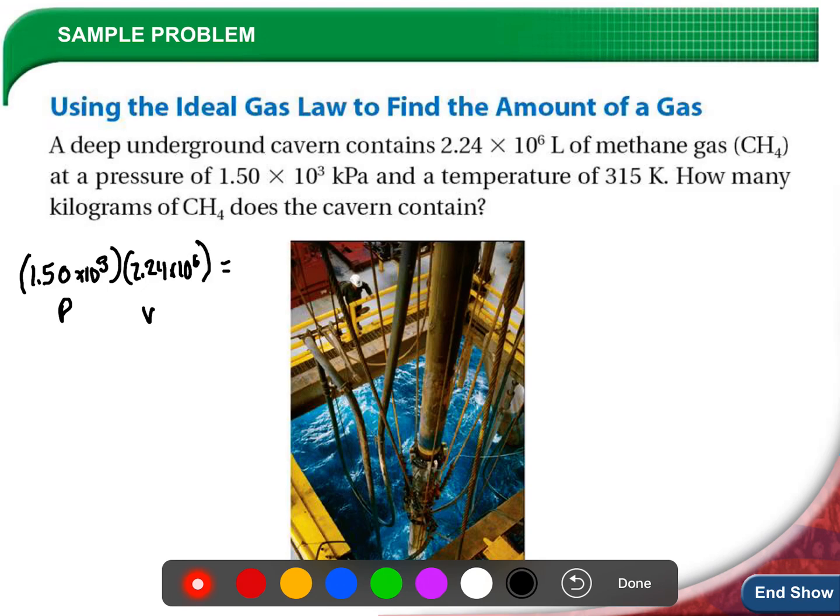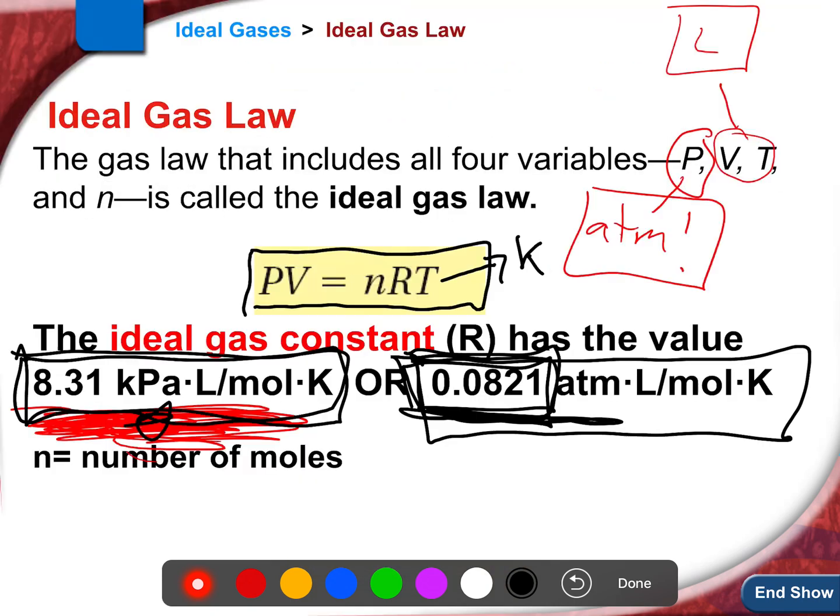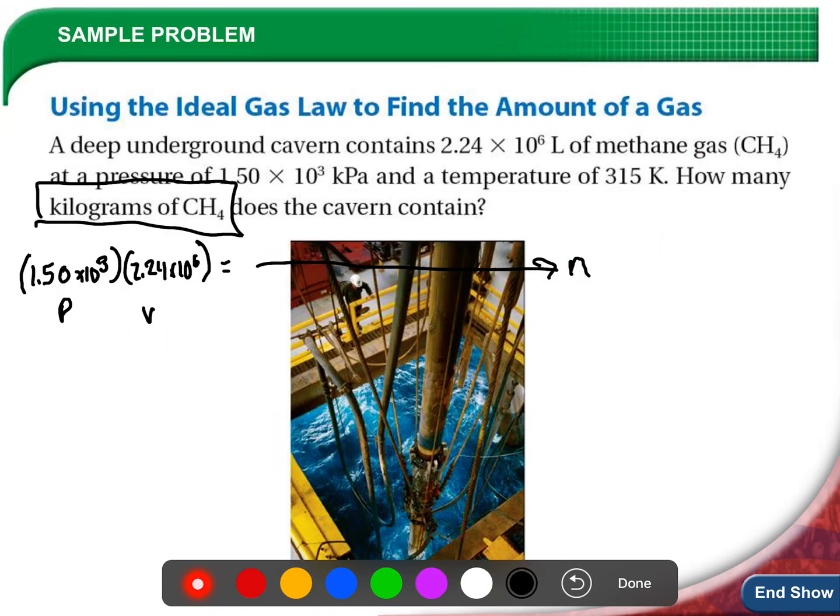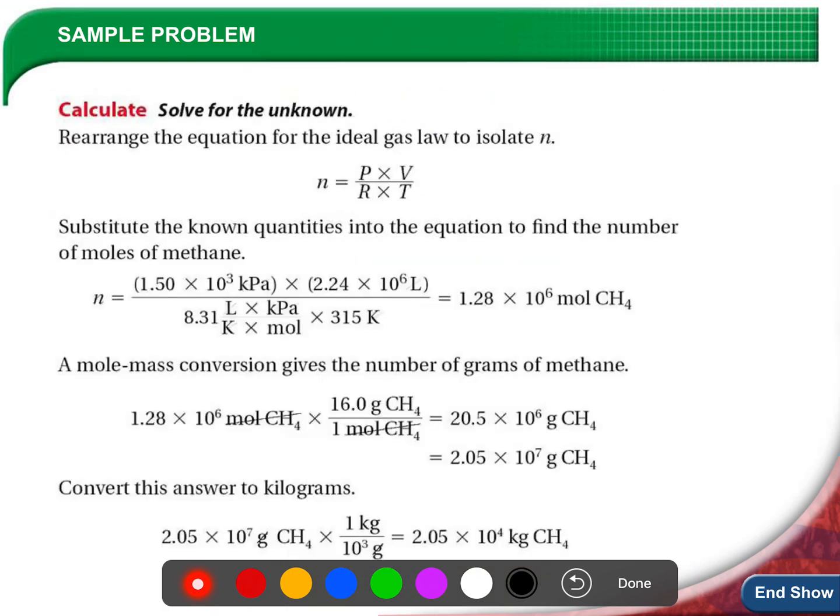And that equals N, which is what we're going to solve for because it wants kilograms, but you know how to get from moles to grams and from grams to kilograms. R is the gas constant, like I said, 8.31. And then T is the temperature in Kelvin, which is 315. Okay, so that's R, this is T.